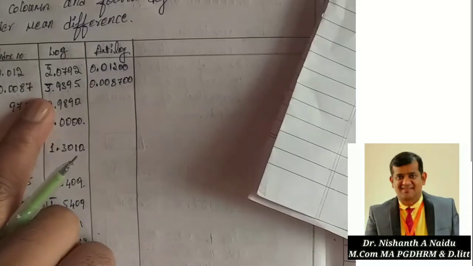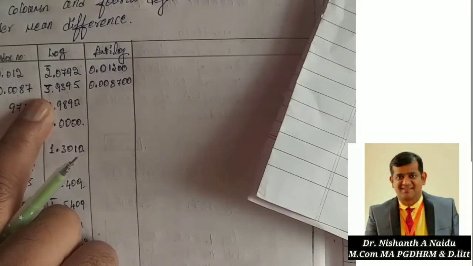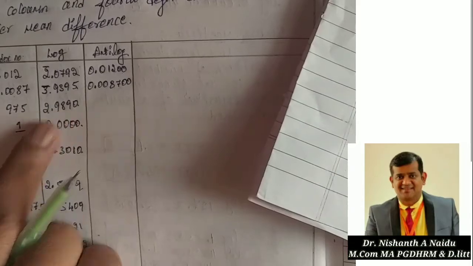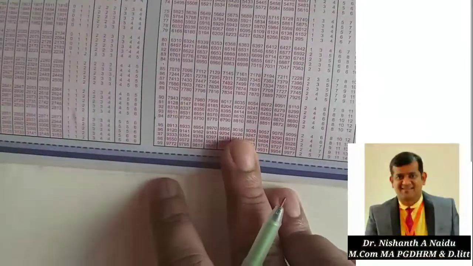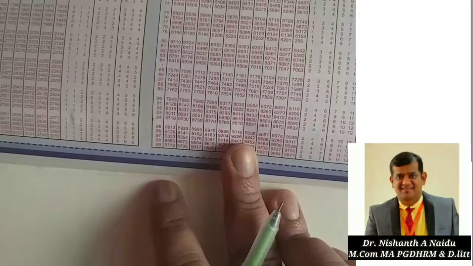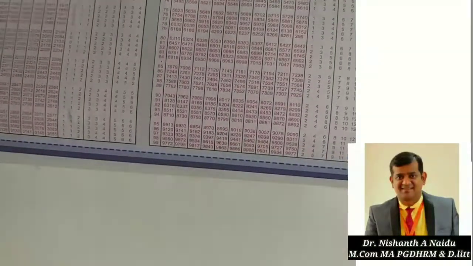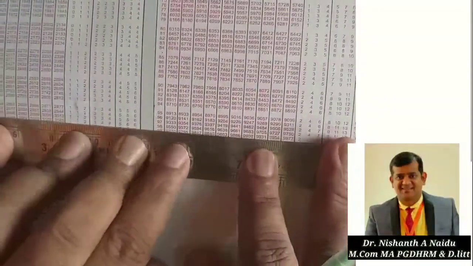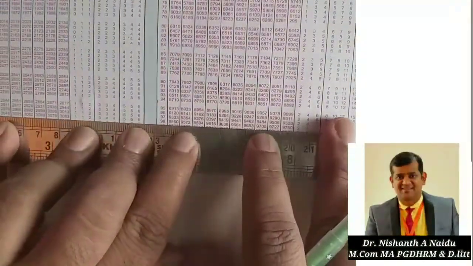Next we have 2.9890. We don't consider this 2 while calculating the anti-log. Correct? So directly the 98th row, 9th column. Check how much the 98th row, 9th column is, the last column.